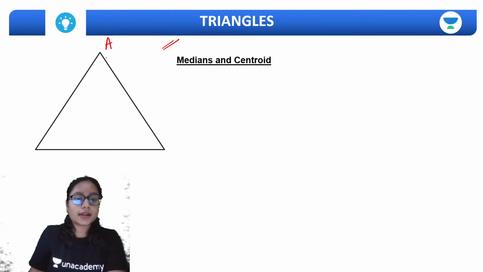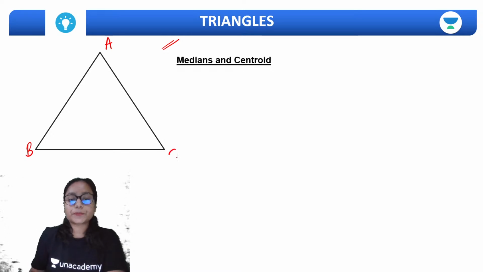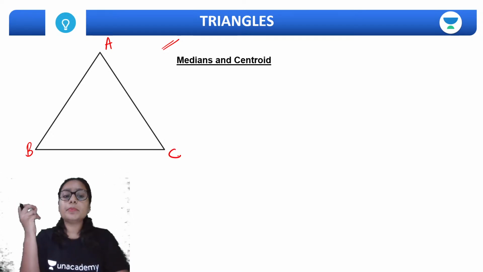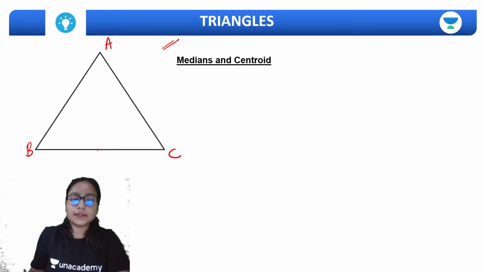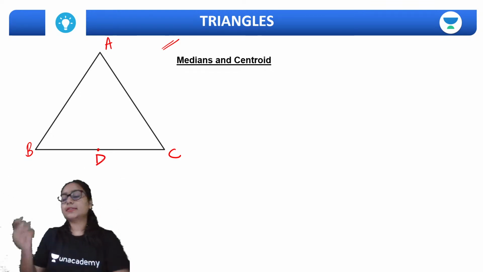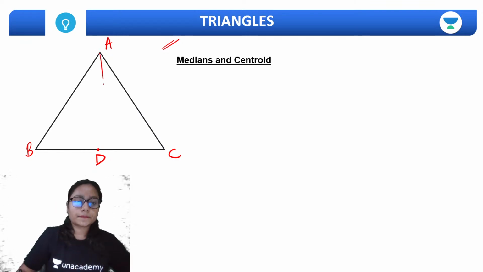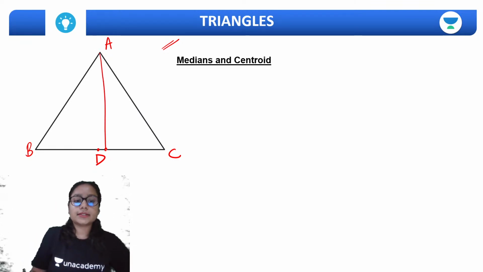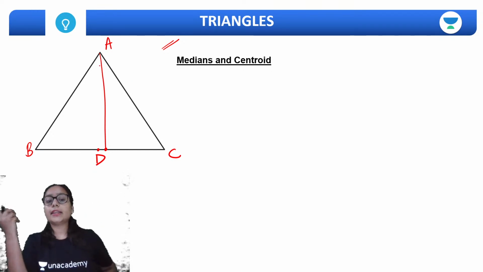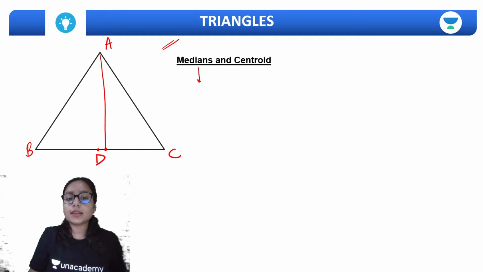If I have a triangle ABC, take the midpoint of side BC. Let us take D as the midpoint of side BC and join A to D. So AD is the median of triangle ABC. So what is a median?